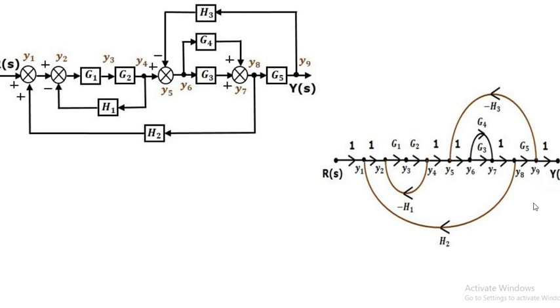So ultimately the output of this and this should be the same, but the method will be different. The method for this one we have seen already, and for this one we have to see in coming lectures how to calculate the gain. Okay, so this is all about converting the signal flow graph from a block diagram.